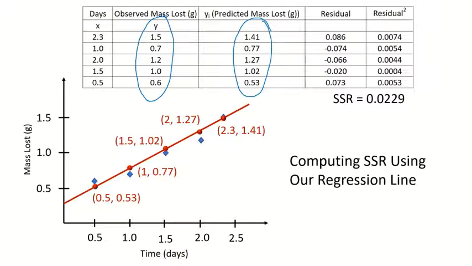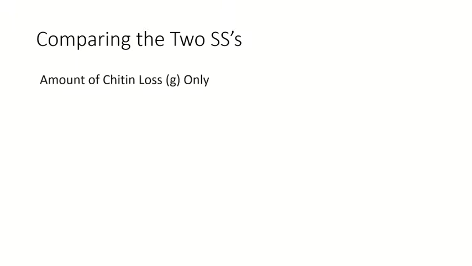Okay? So as opposed to the sum of squares total a while ago when we did not perform linear regression, this one is a lot smaller in value. So if we now compare our two sums of squares, when we only were dependent on the chitin loss in the previous video, our computed sum of squares total was 0.54.